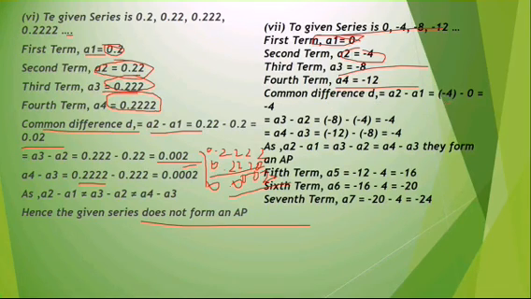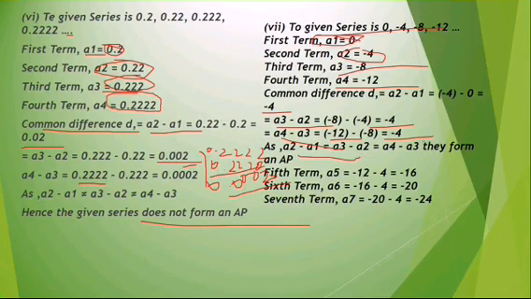Now a3 minus a2, that is minus 8 minus of minus 4, that will be equal to minus 4. Now a4 minus a3, that will be equal to minus 12 minus of minus 8, that is minus 4. As the common difference is same every time, we can observe that they form an AP.